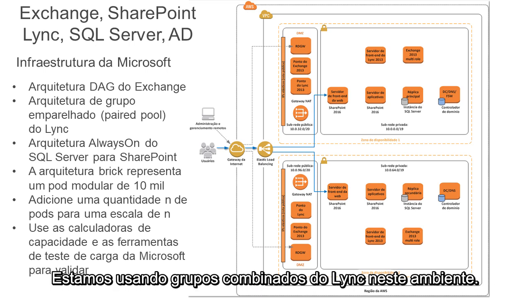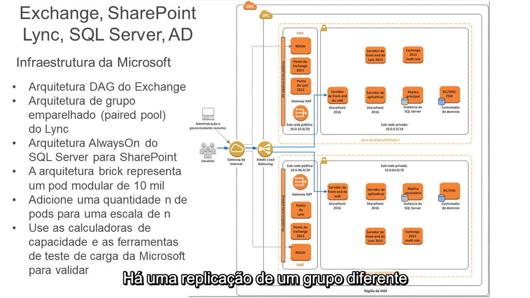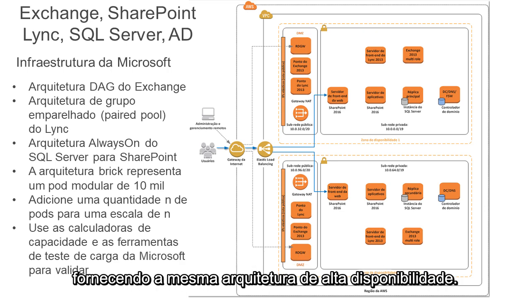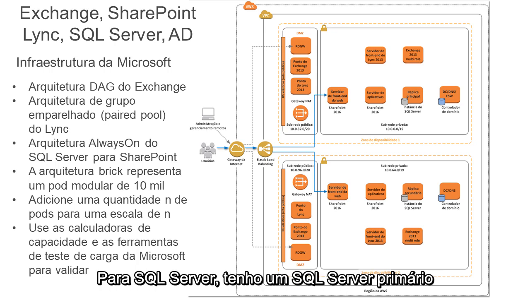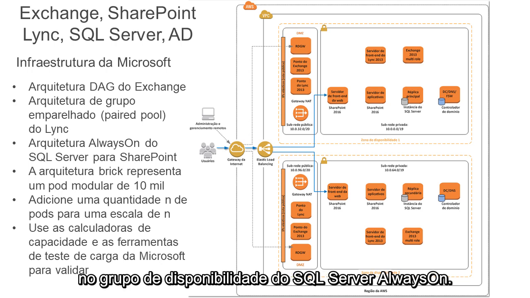We're using Lync paired pools in this environment. And so you'll notice my Lync front-end server, and I have a replication of a different pool for my Lync front-end server in a different availability zone, providing essentially the same high availability architecture. For SQL Server, you'll notice that I have a SQL Server primary and a SQL Server replica or secondary, which I'm using for SQL Server Always On availability groups.